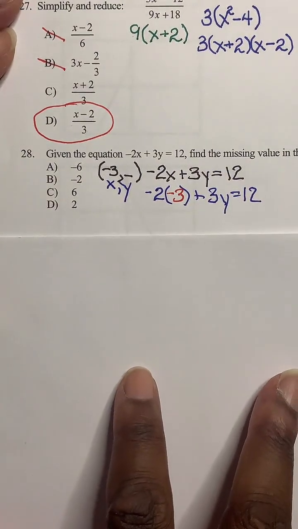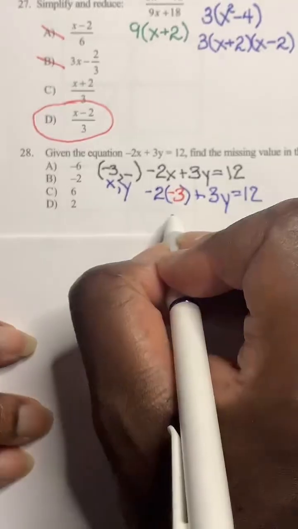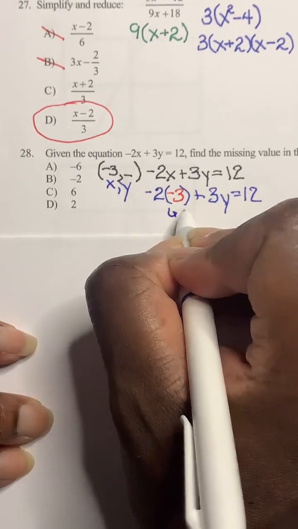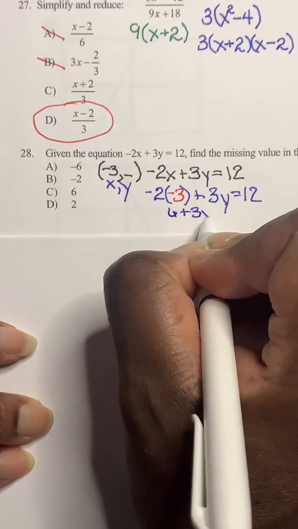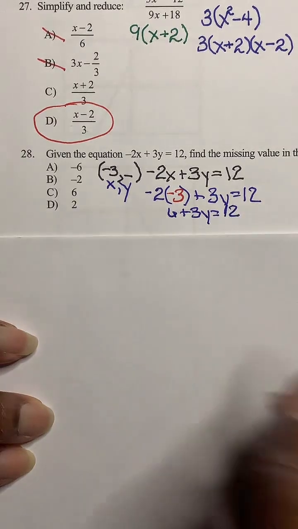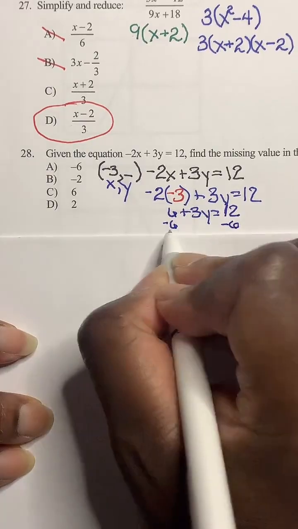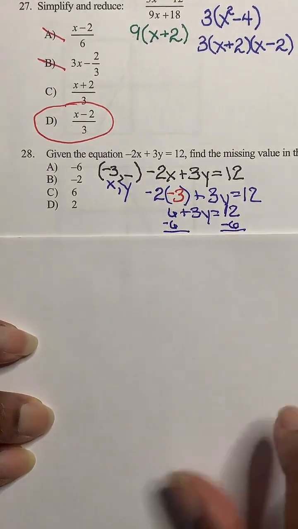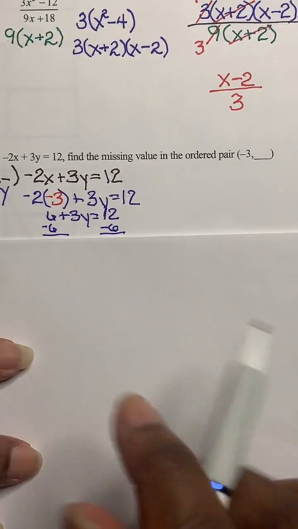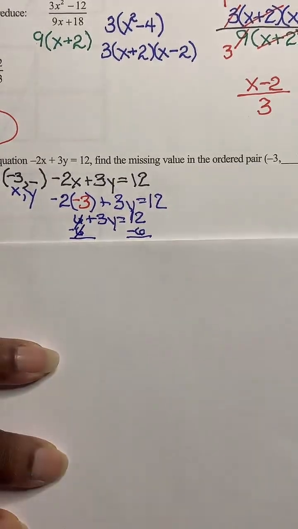So then we had a negative times a negative gives me a positive. So that's +6 plus 3y is equal to 12. So we had to subtract 6 on both sides. 6 minus 6 gives me 0.